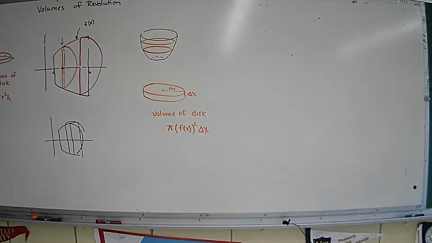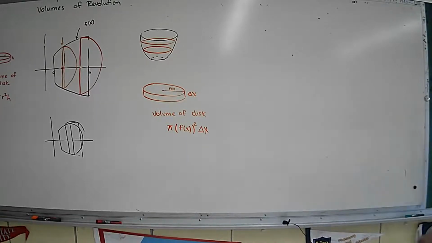Yeah. I mean, if you made the disk like the length of that entire interval, that's not a very good estimation of what the volume of that bowl is going to be, because that's just going to be like a giant cylinder that's b minus a tall, right?